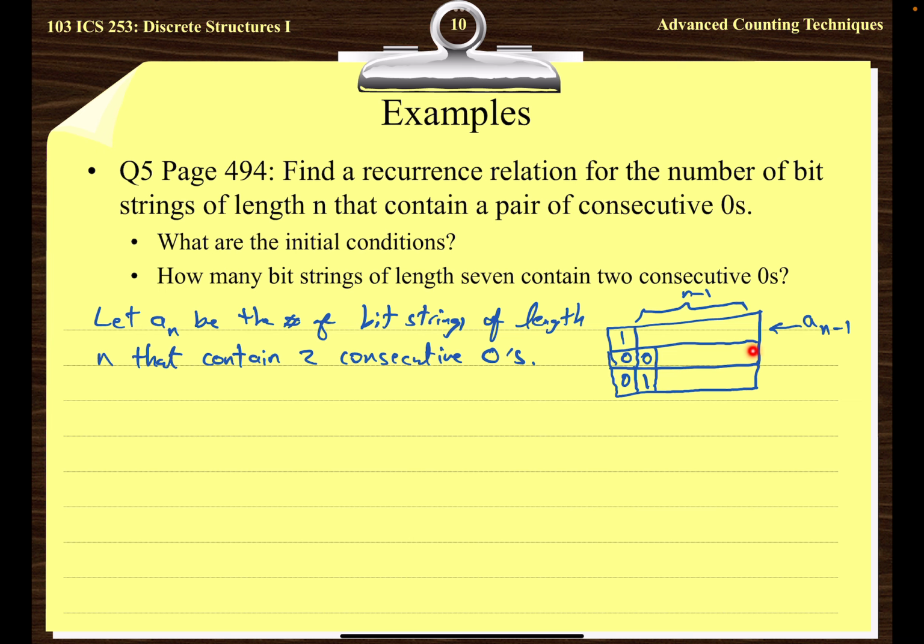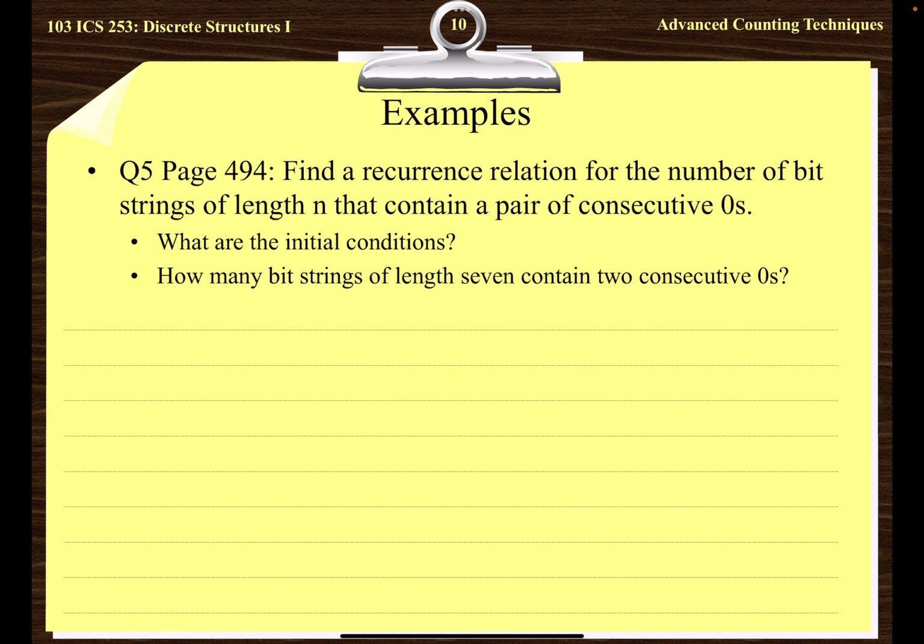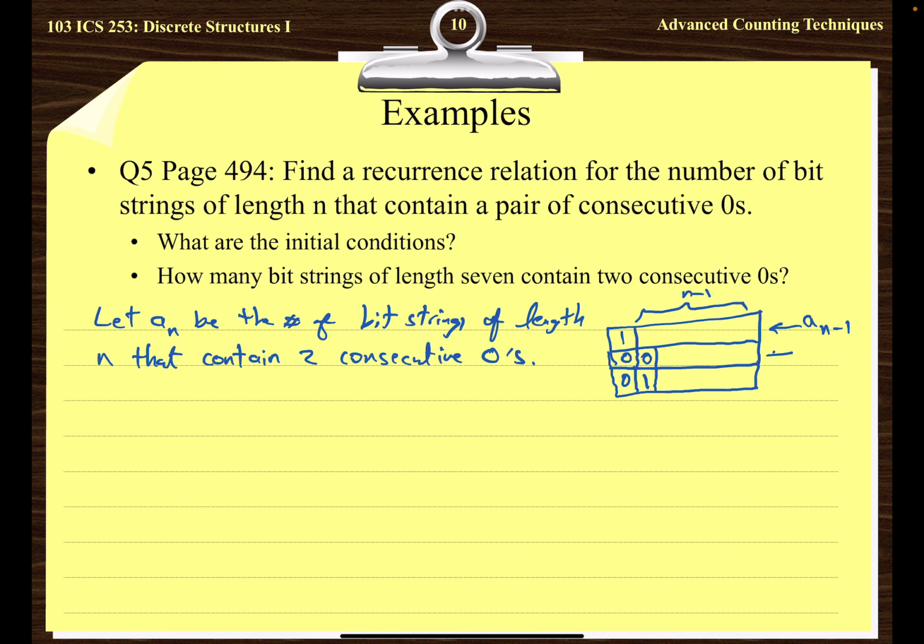It's 2 to the power n minus 2. All of them are included, because it starts actually with 0, 0.